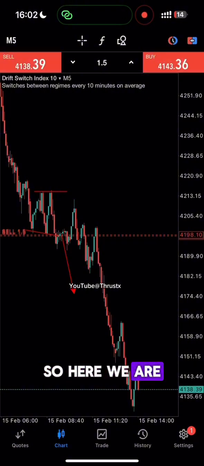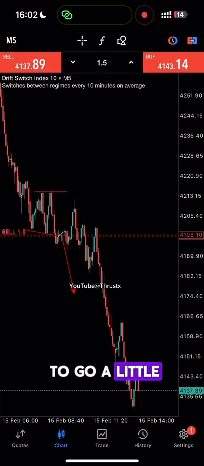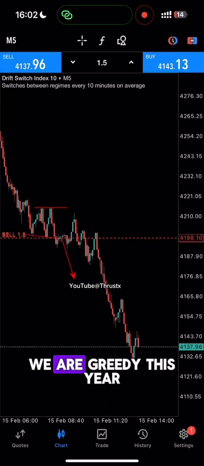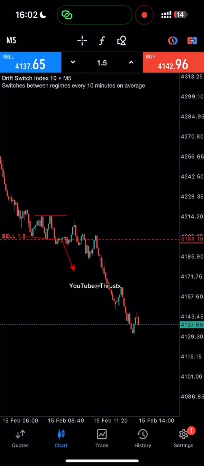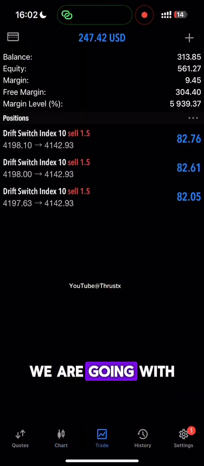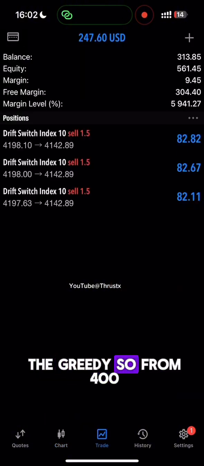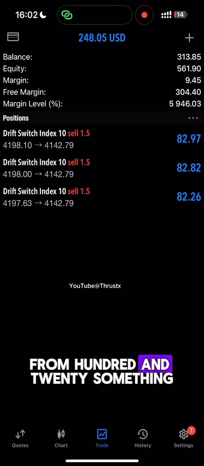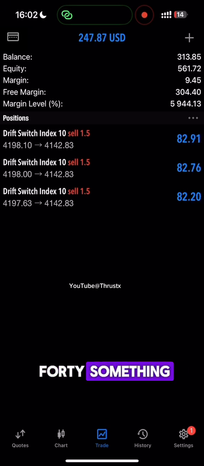So here we are just waiting for it to go a little bit down, such that we can close a big amount. Since we are greedy this year, we are going with the greedy. So from 400 it managed to double the profit from 120 something to 240 something.